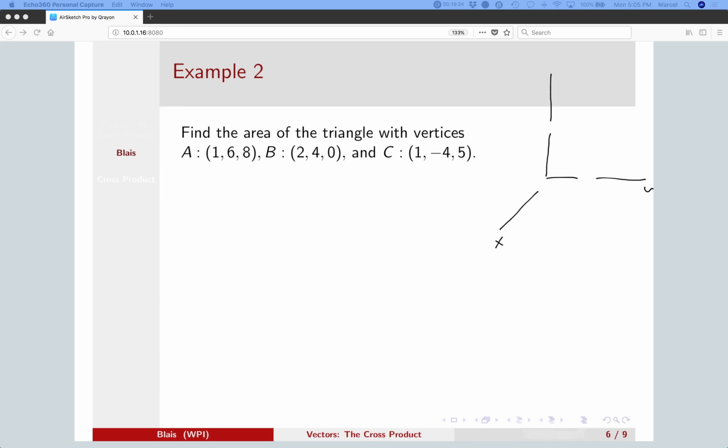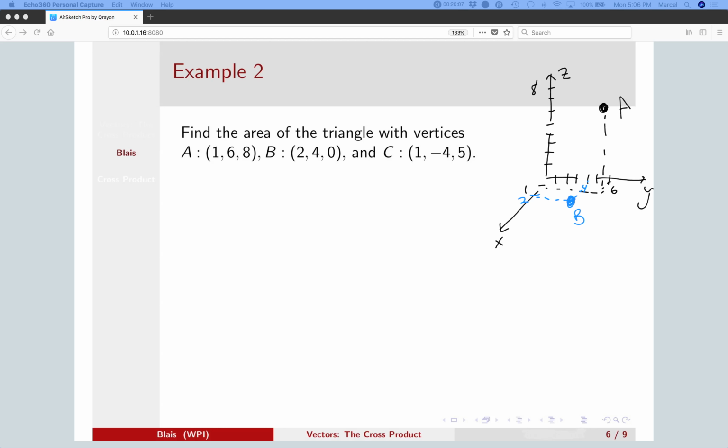And when we're working in 3D, we usually have the x-axis coming out of the board. And so for our point A, we have 1 along the x-axis, 6 along the y-axis, 8 along the z-axis, so this is our point A. For B, 2, 4, 0, so B is actually in the xy plane.